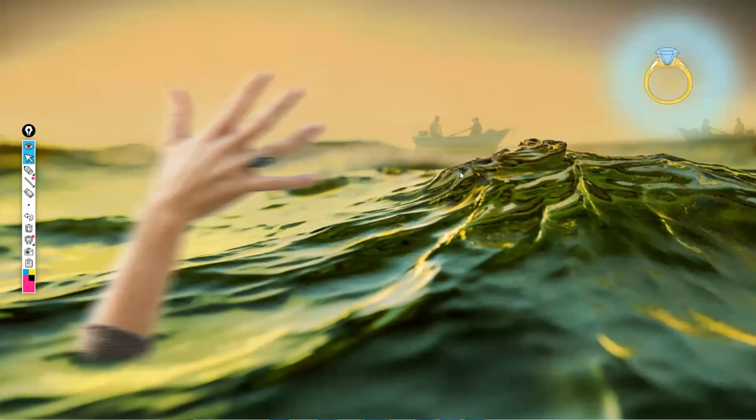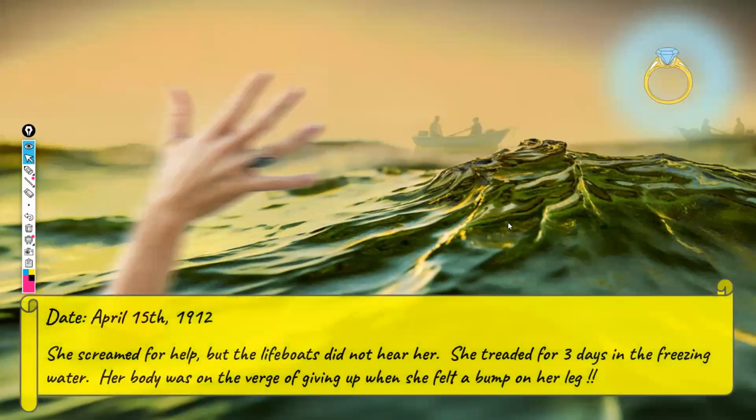So apparently we reached the point where the Titanic has sunk. All right. So you all can see the ring on her finger there, a little blurry, but that's the ring. Anybody want to take a guess of what the bump on her leg is? Like what is hitting her leg? Is it seaweed? Is it a shark? Is it a whale?